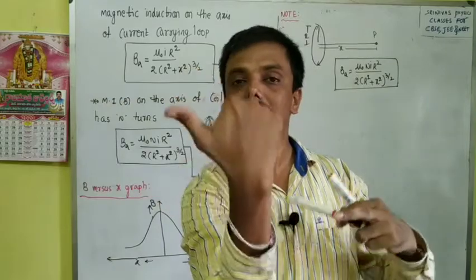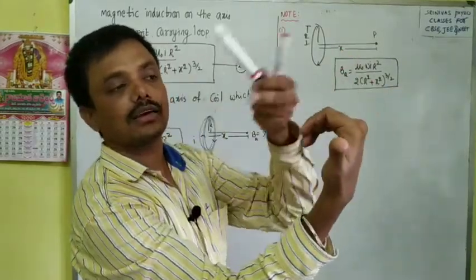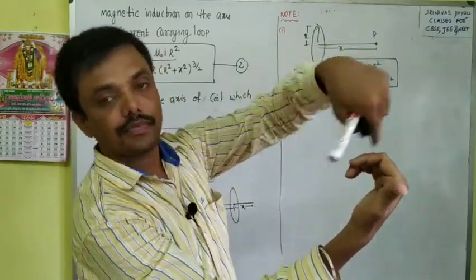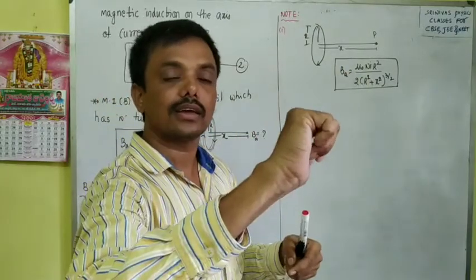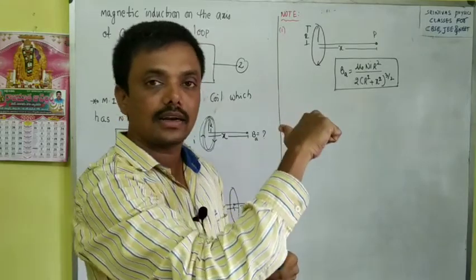If the current is like this, in the opposite direction, curved fingers indicate the current, thumb indicates the field. Field is this side, right?